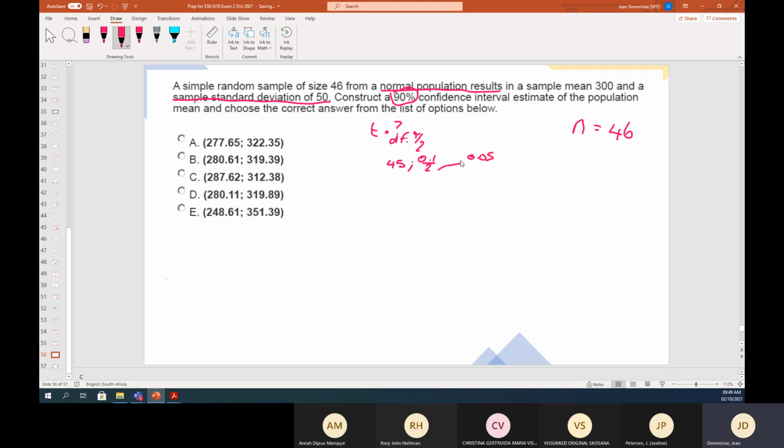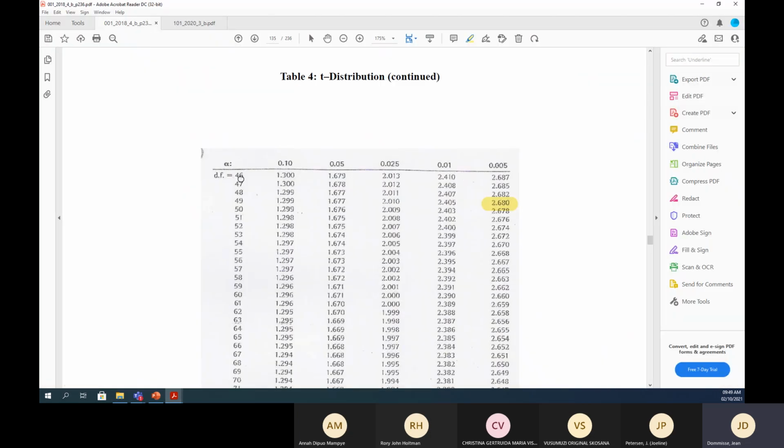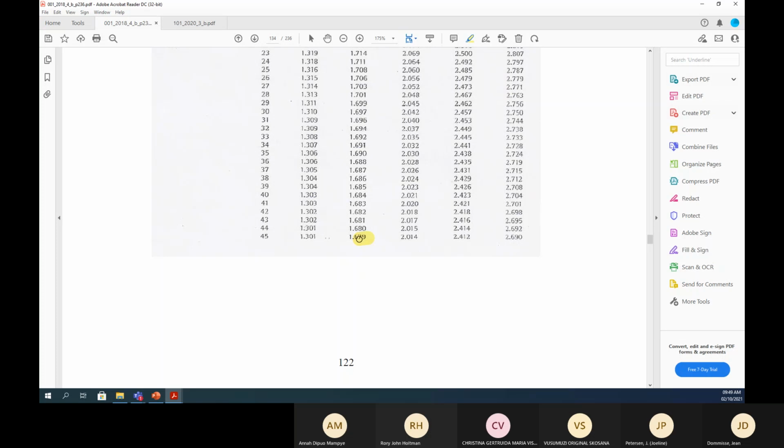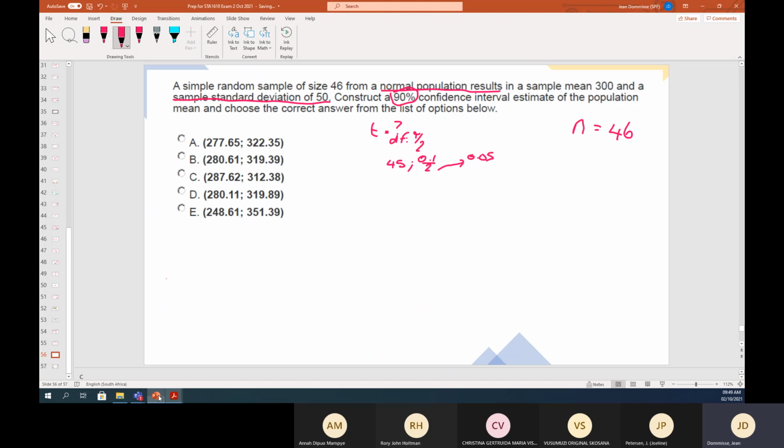So we need to work with degrees of freedom 45 and 0,05. That gives 1,679.